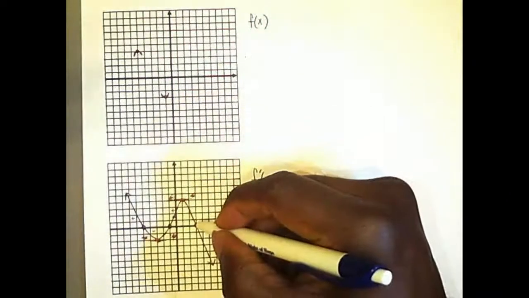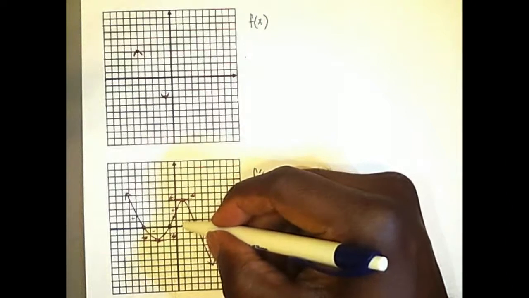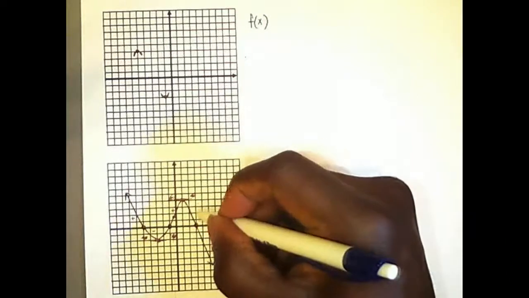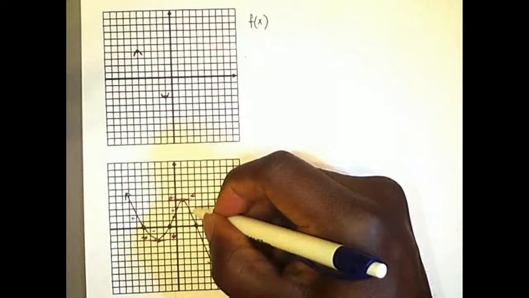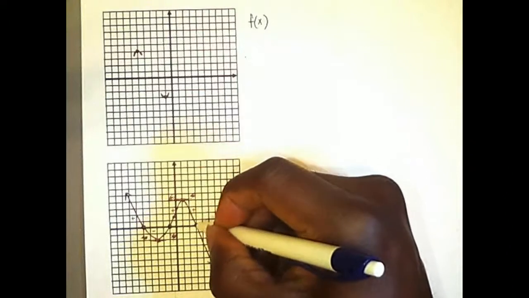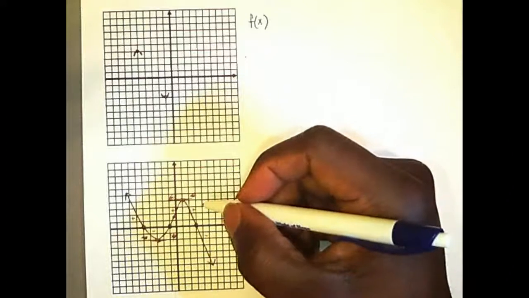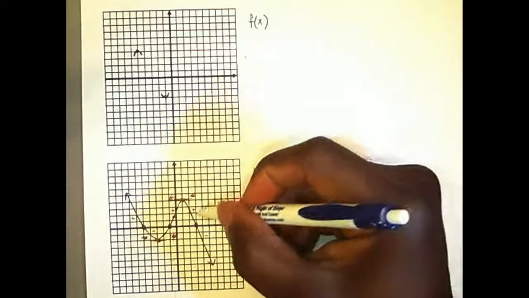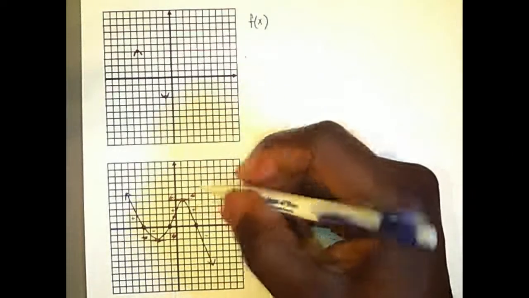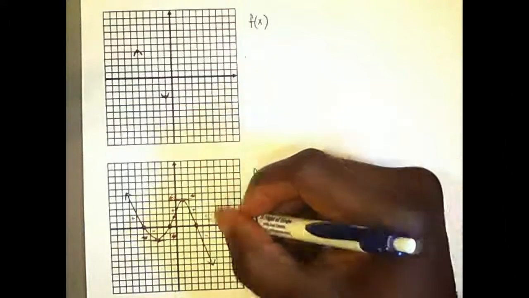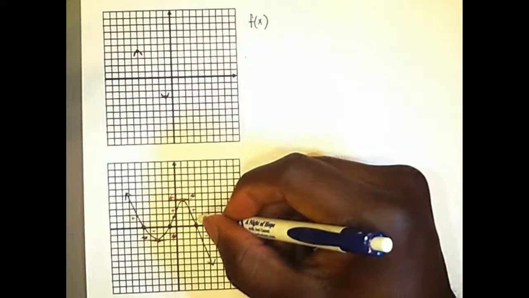Looking forward here, if we move on to x equals 3, we see that we have another situation where the graph is drawn above the x-axis to the left of the point and below the x-axis to the right of the point. And so that's communicating to us that we have another peak in the graph.